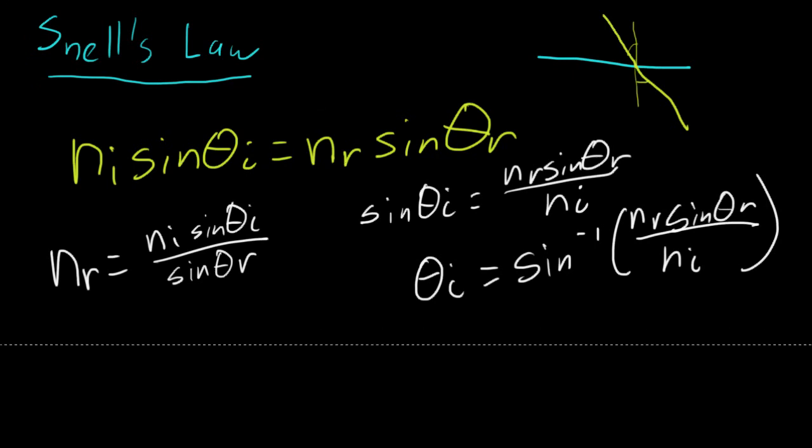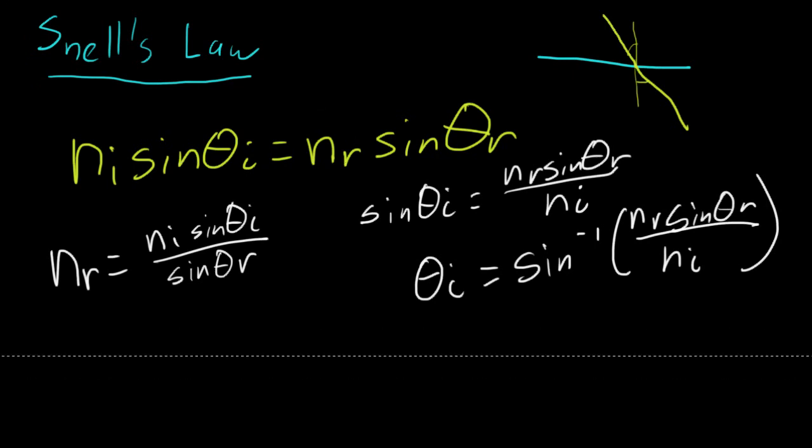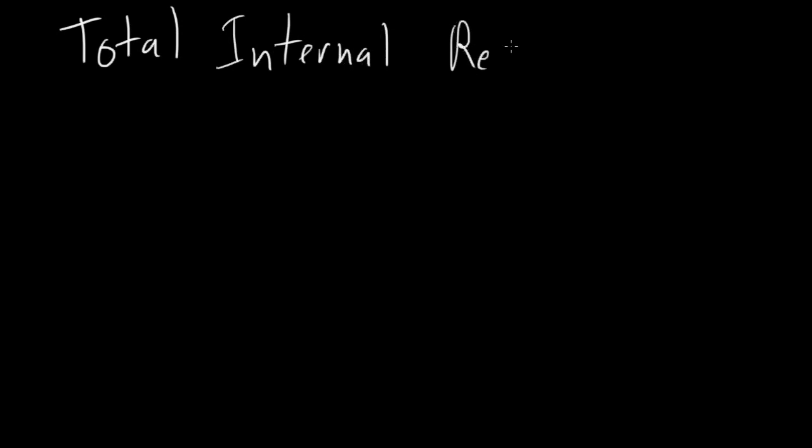We have one more thing to talk about, and that's the idea of a total internal reflection. And what the heck is that? Well, I'll write it. Total internal reflection.